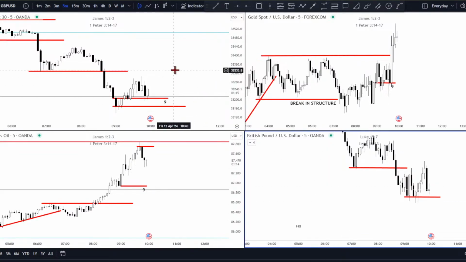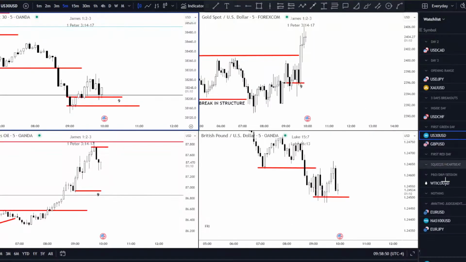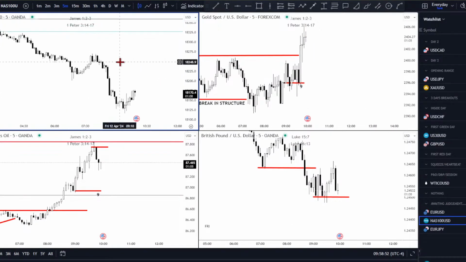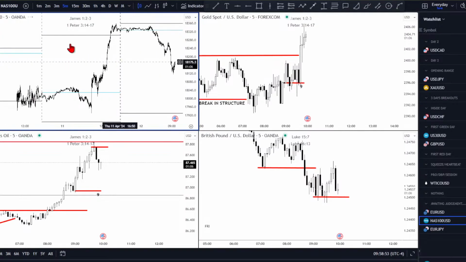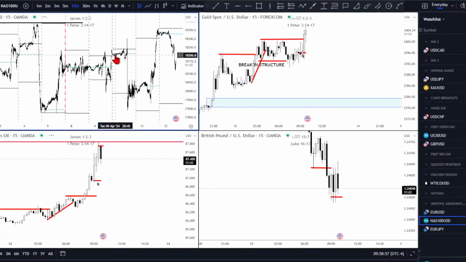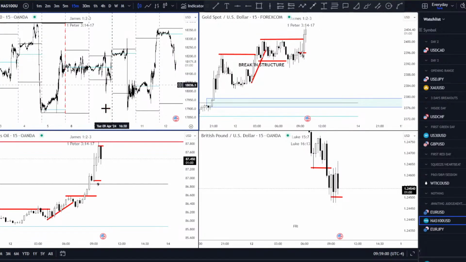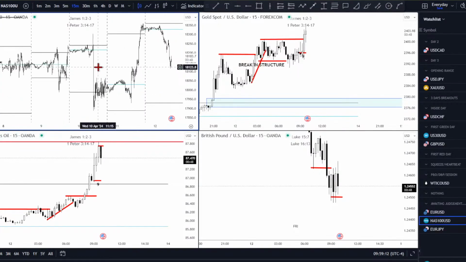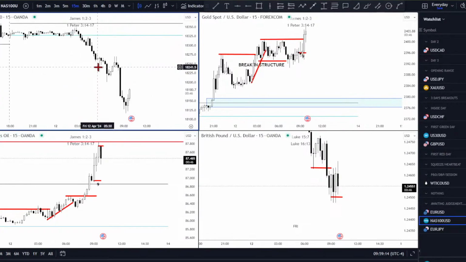Last Friday close on the Nasdaq. We got 2 minutes to the news. What's going on with last Friday's close? Oh, I see what you're saying. Basically coming down and tapping right back down into it.